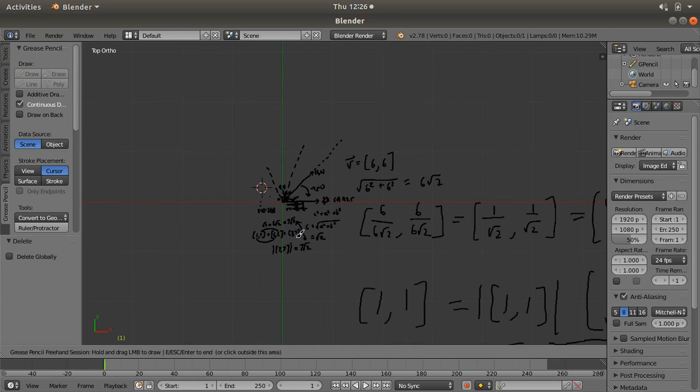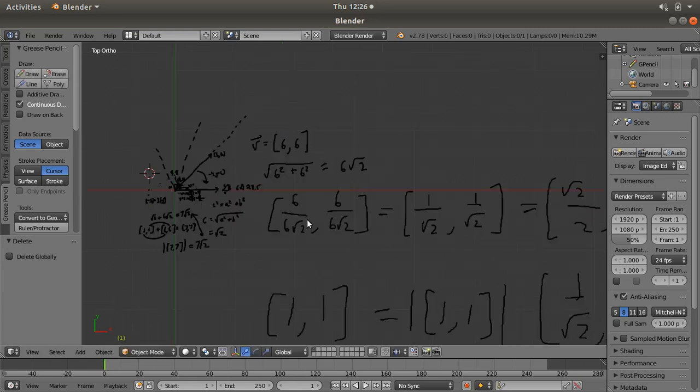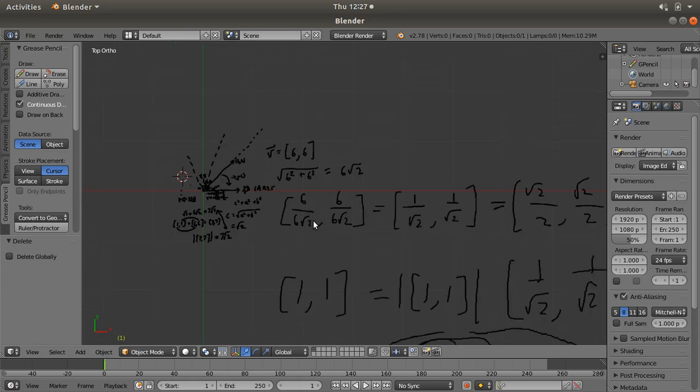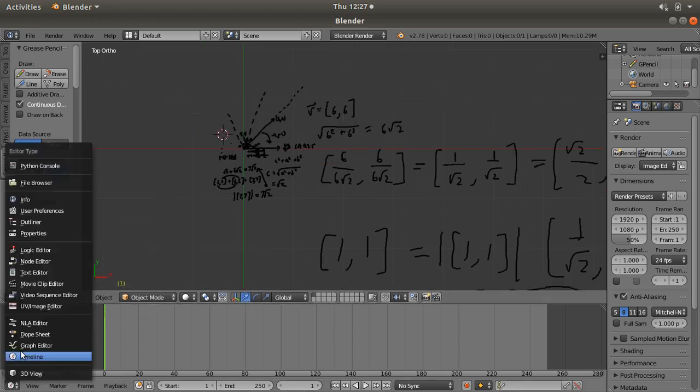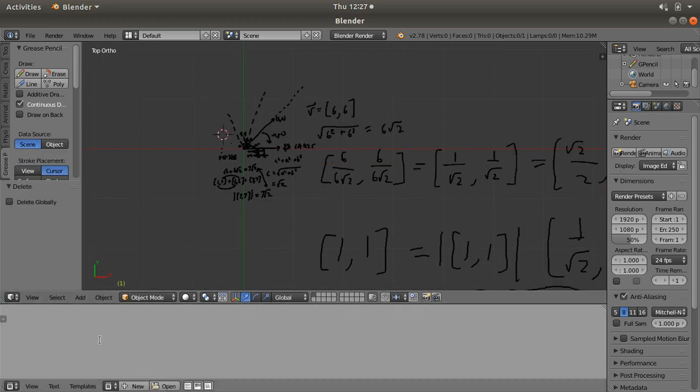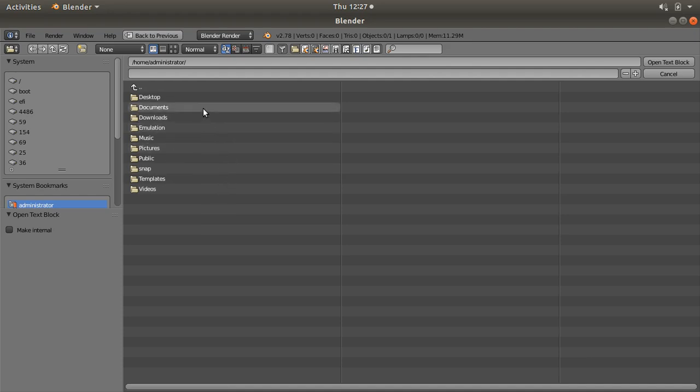So because magnitude is a really fundamental concept, I'm going to load this script that makes an object that forms the hypotenuse of a right triangle in a square.